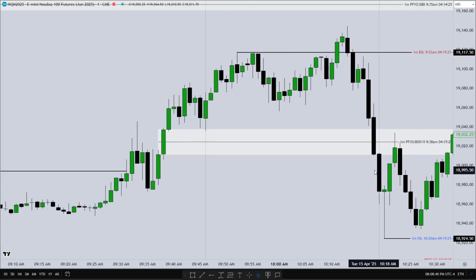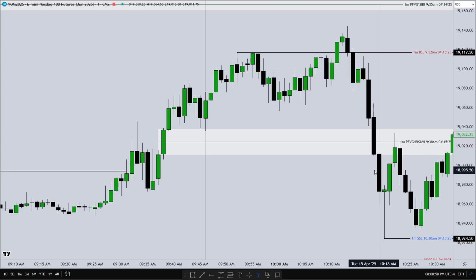So, 10:18 is the first interaction with that fair value gap, but we close perfectly at the low of that gap, accounting for the volume imbalance in price.